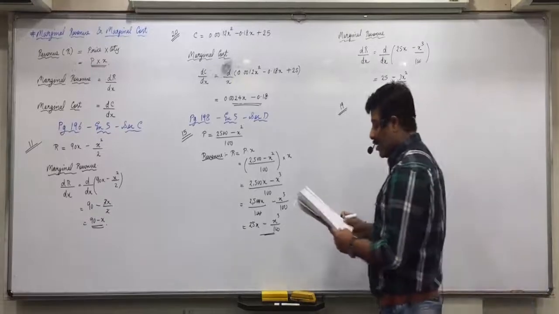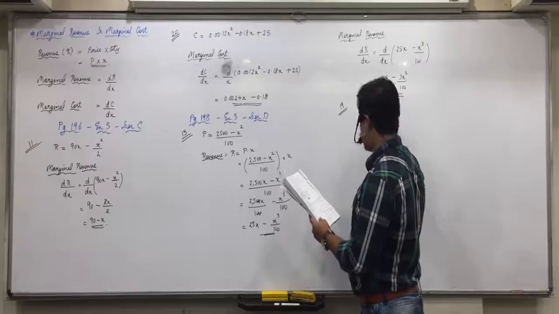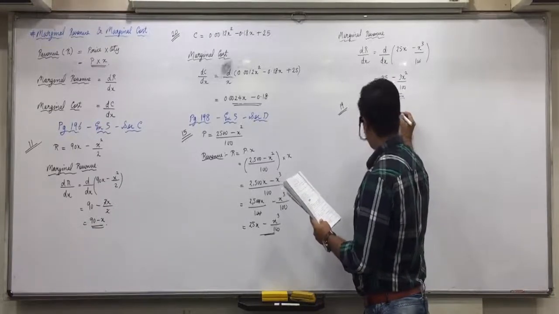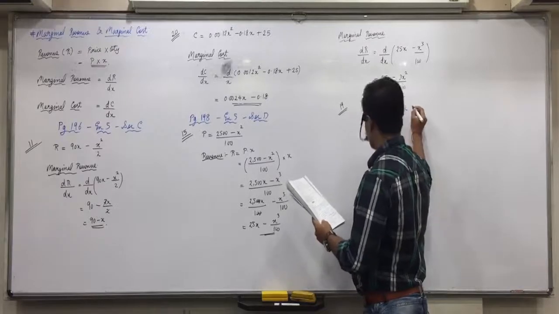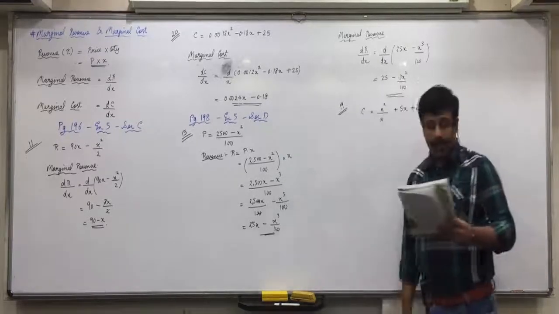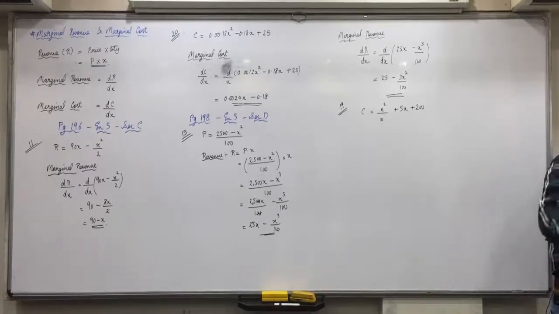Production cost of a factory producing sugar is C equals to x square by 10 plus 5x plus 200. Find the marginal cost if the production is 100 units.